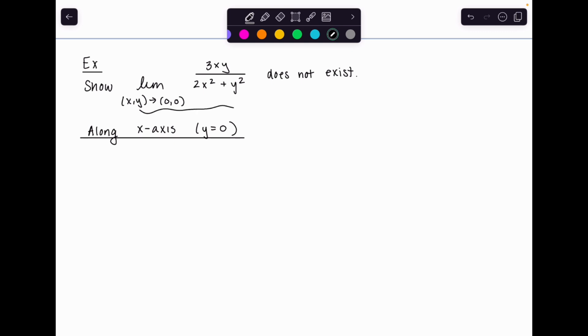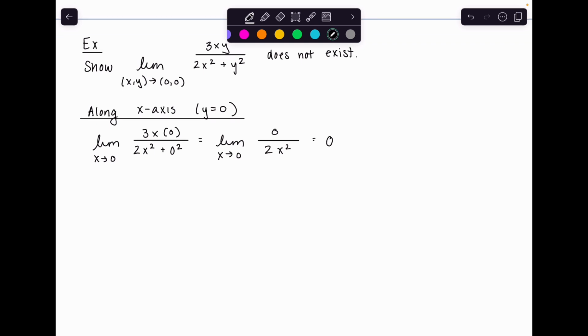So you don't have to rewrite this every single time, because it's tedious, I'm going to just jump right into this. It turns into a single variable limit. x is approaching 0. So we've got 3x times y over 2x squared plus y squared. All that does is make my numerator 0 and the denominator 2x squared, which is just the limit of 0, so this thing is equal to 0.